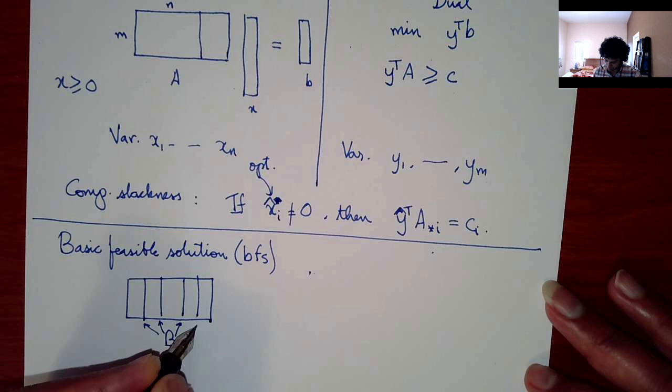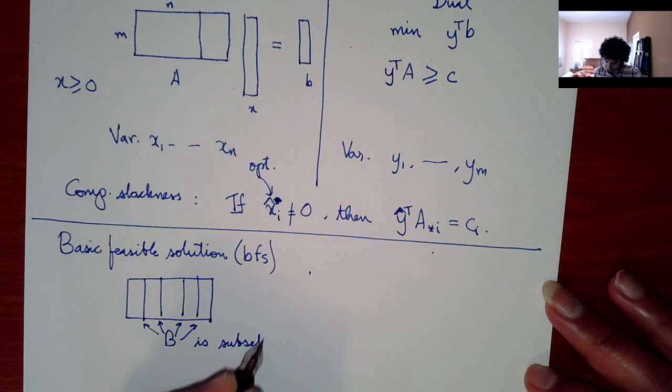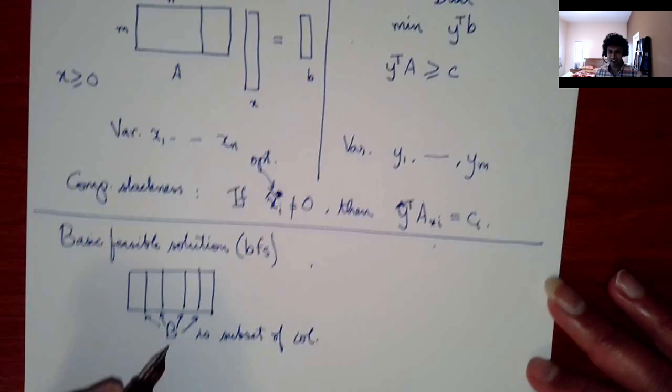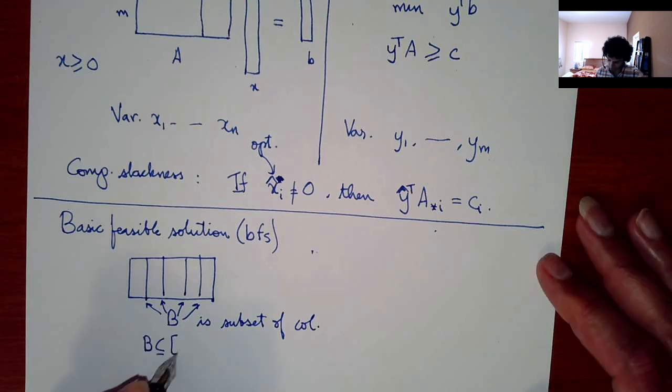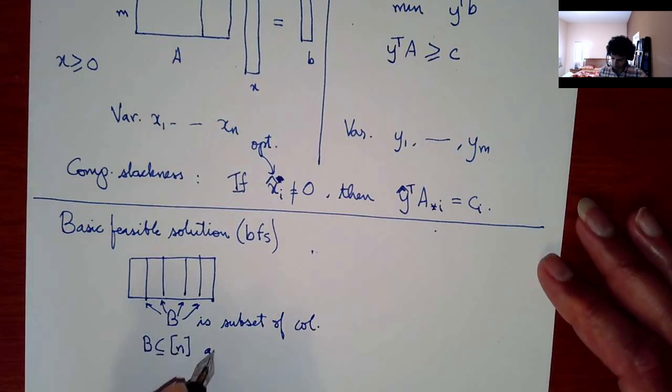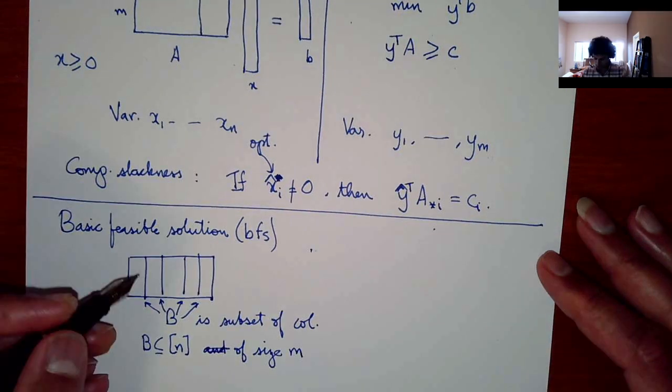Indexing the columns going from 1 to n, I'll just say that B is a subset of size m, remember, this is m.